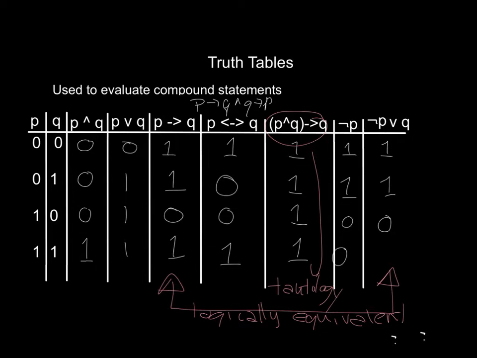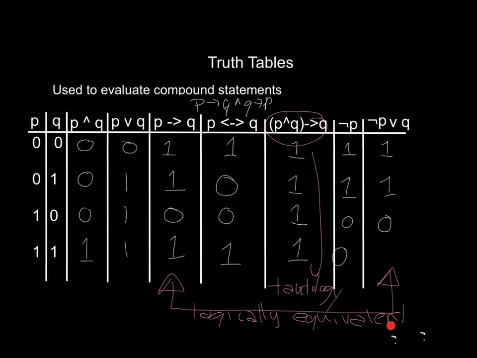But in this case, it's saying that no matter what P and Q are, if P and Q implies Q, then you're always going to get a true statement. It really doesn't matter what P and Q are. So it's a very strong statement about this compound statement, that it's always true.